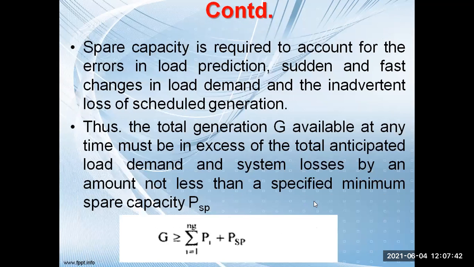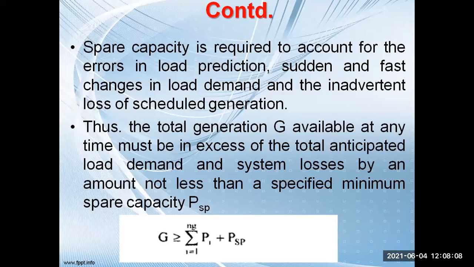Now, spare capacity is required to account for the errors in the load prediction. See, there is a spare capacity. We have to remember that there is a certain condition that one generator is facing some problem, maybe due to a maintenance issue, or maybe there is a fault on the system, or any unscheduled conditions.